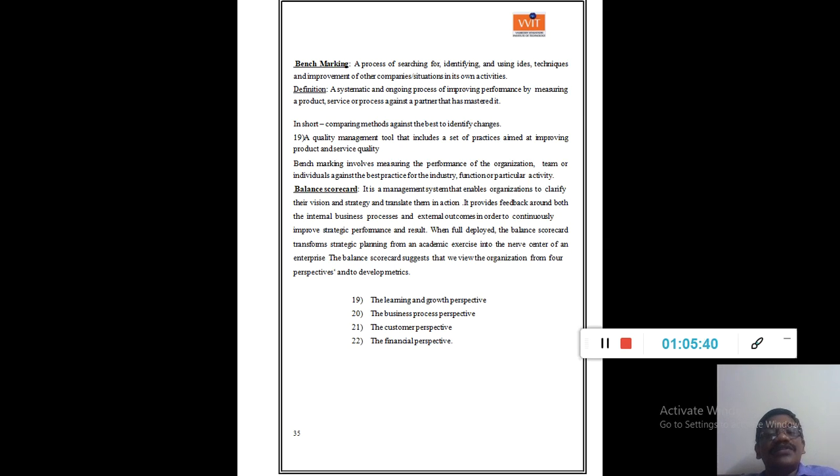So that means, for example, if you take any subject, there is a master for it. And benchmarking means you have to improve your performance, an ongoing process of improving performance. It should be a continuous, systematic process, by measuring a product, service or process against a partner that has mastered it.